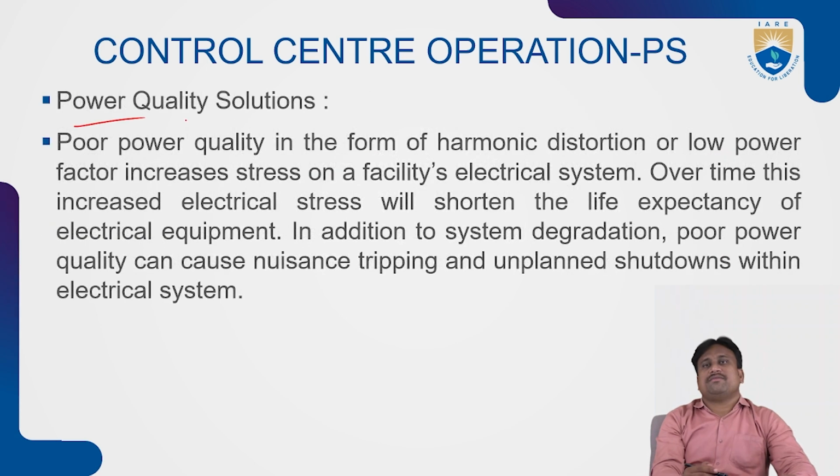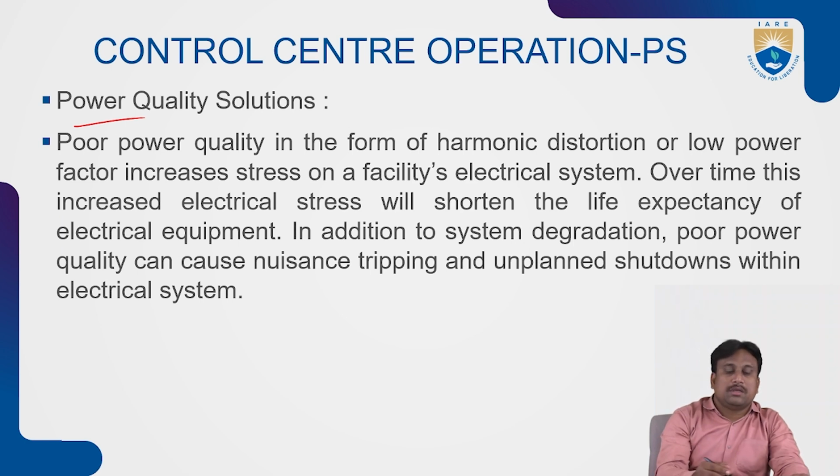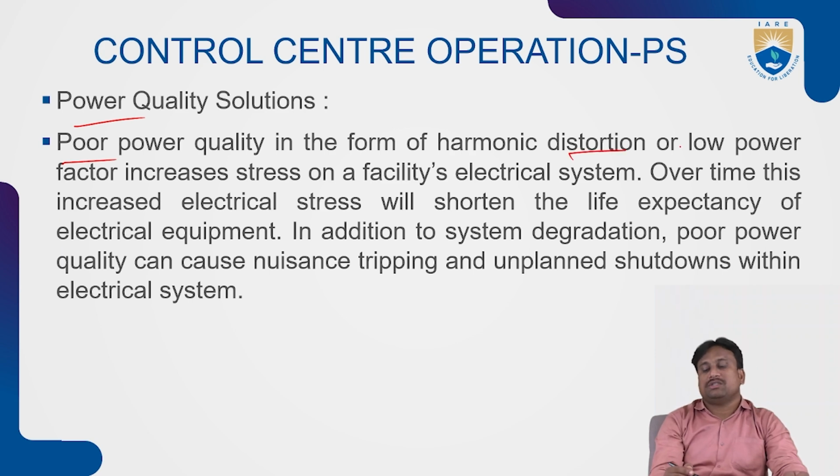So here are some of the solutions that should be provided for suitable power quality operations. That means poor power quality in the form of harmonic distortions or low power factor increases the stress on the facilities of the electrical system.